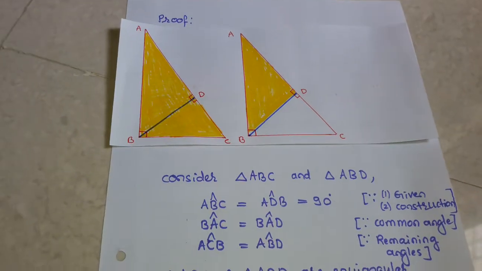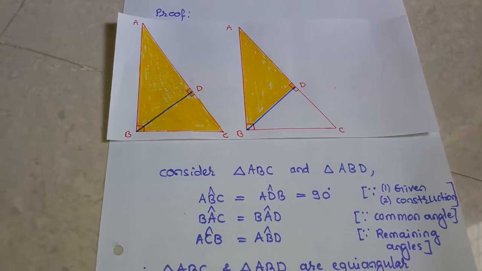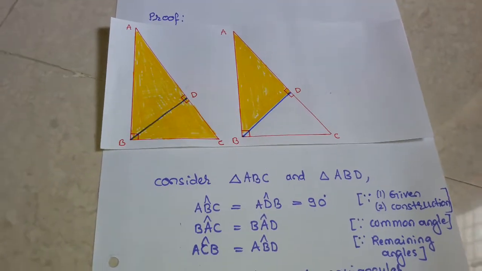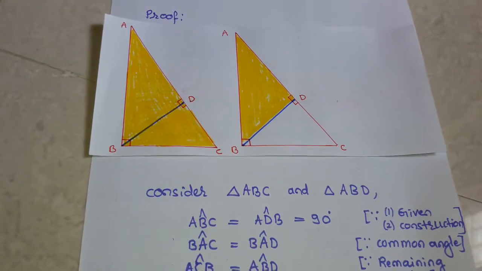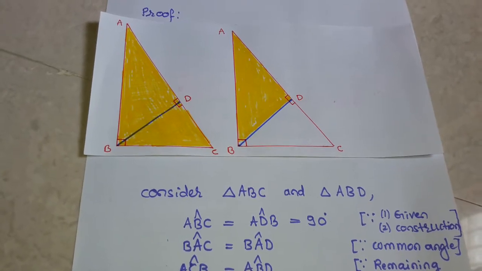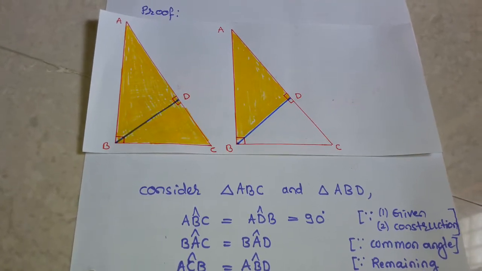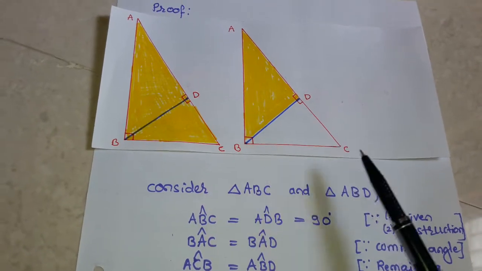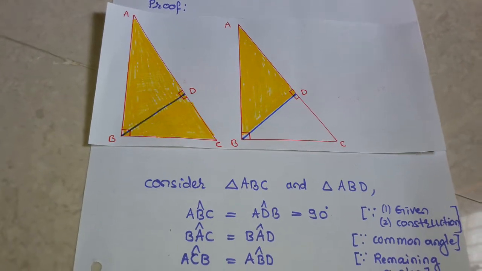In the proof, we shall consider the bigger triangle ABC and, among the two smaller newly created triangles, one, say ABD, in the first instance, and BDC will be taken in the second instance.